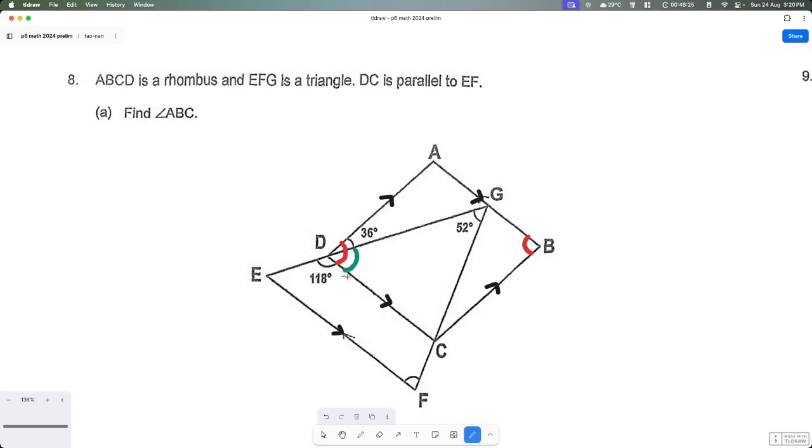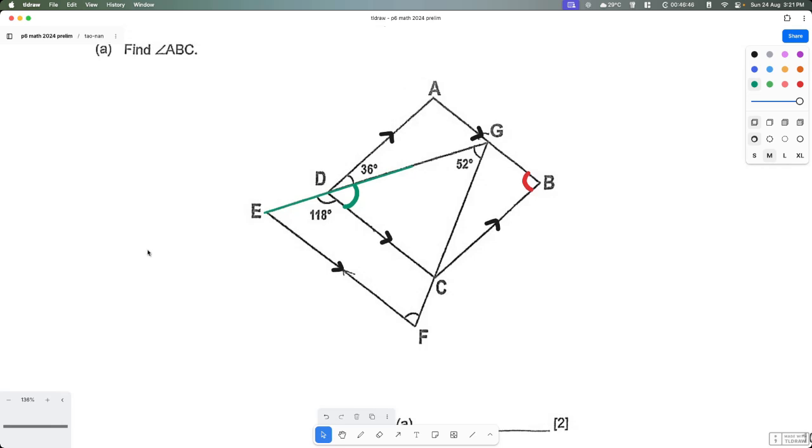If we are able to get the green angle, then we can add it to 36 to become red. The green angle over here is basically from this straight line. I'm just going to draw a straight line to this. So you have 118 and then minus 80 to get the green angle. Add 36, and you get the red angle in this case.